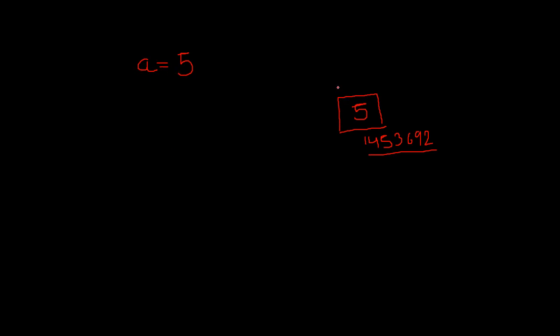This 5 gets stored in the memory, and whatever space is reserved for storing the 5 will have an address. This a variable refers to this location. So a is a variable, it refers to this location where the 5 is stored, and the address of this location is this.